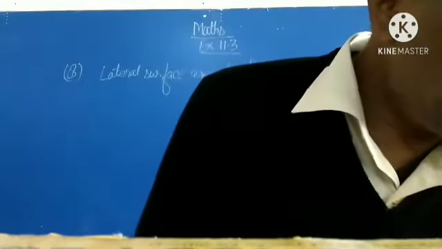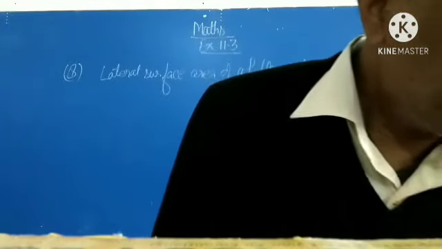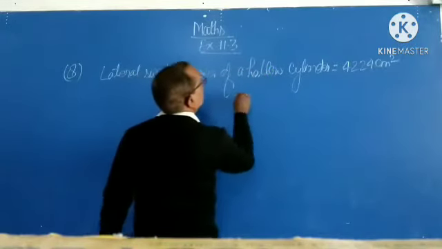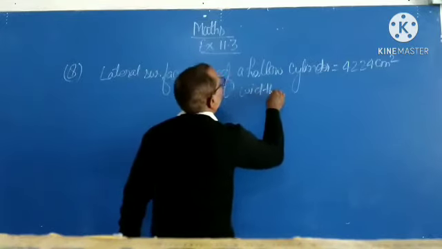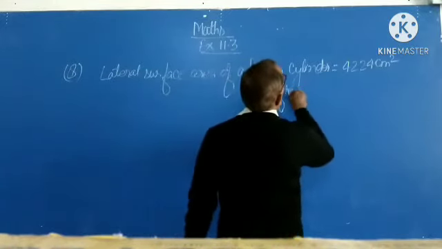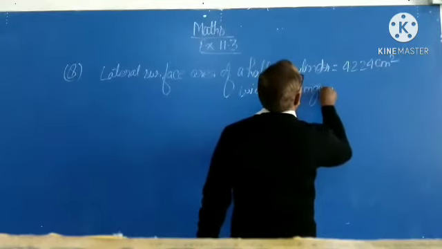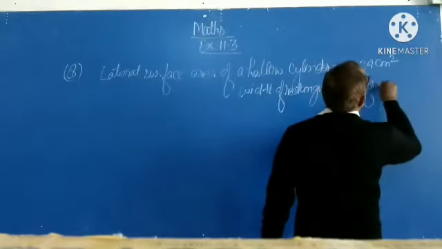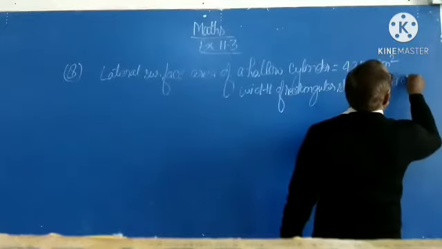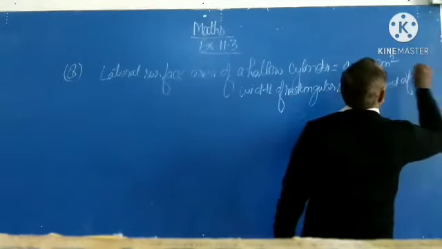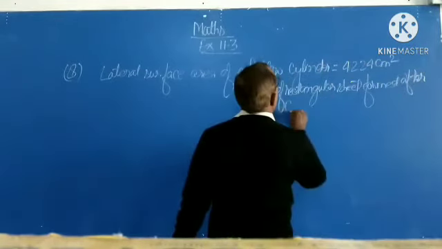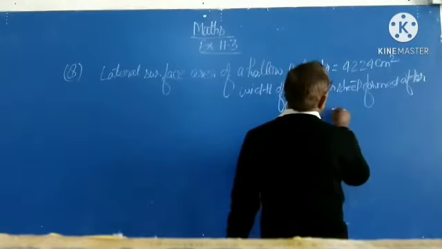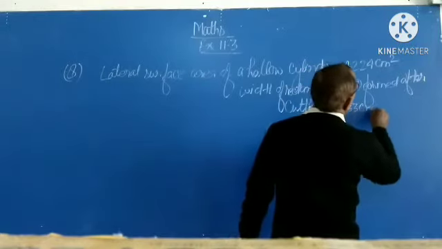Okay, then width of a rectangular sheet formed after cutting is equal to 33 centimeter.